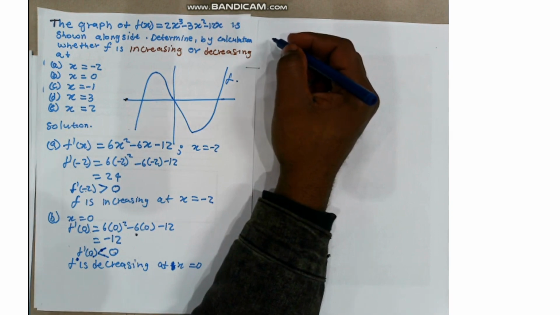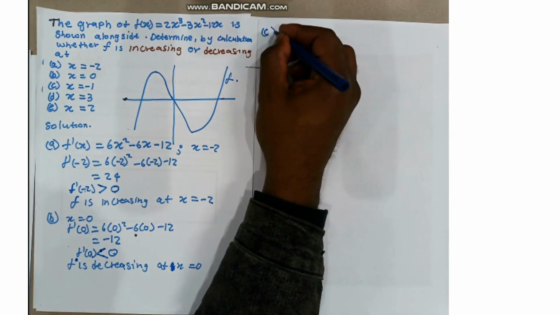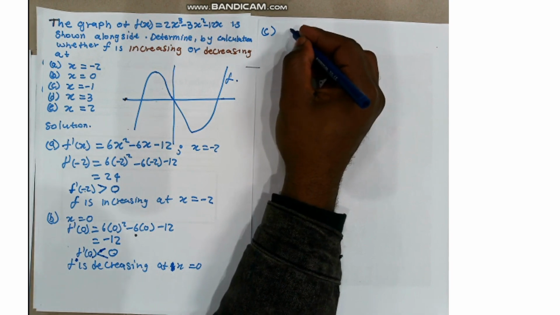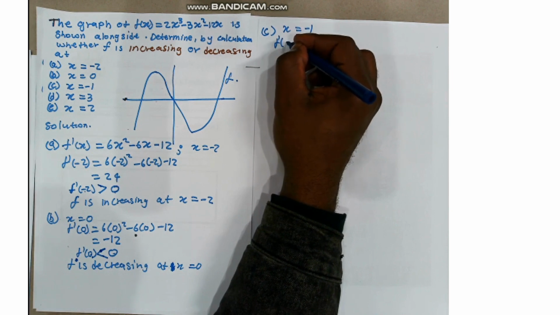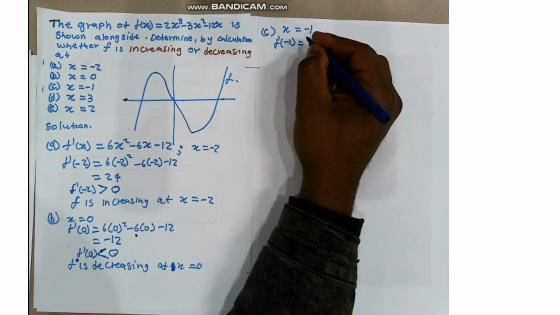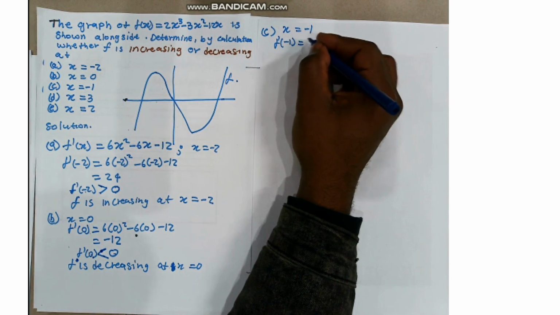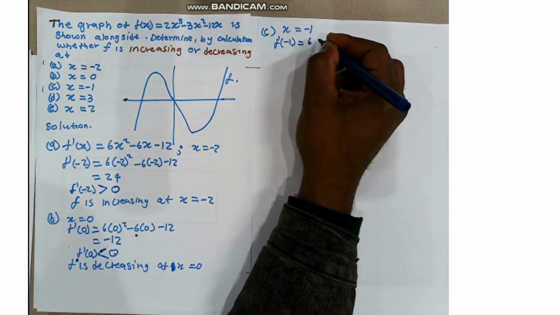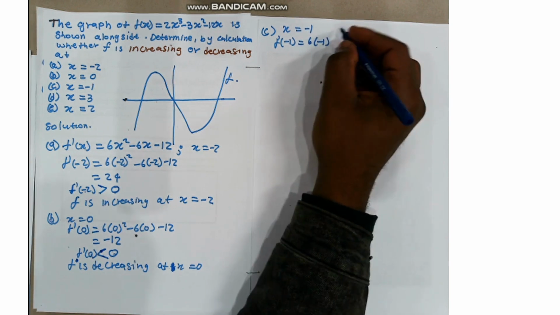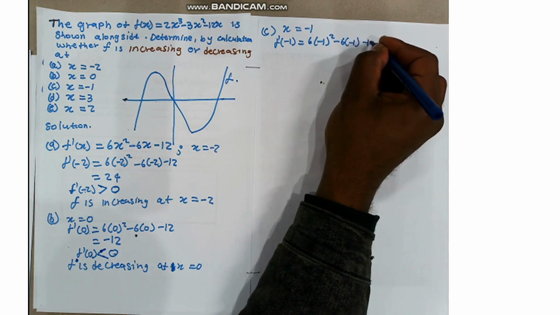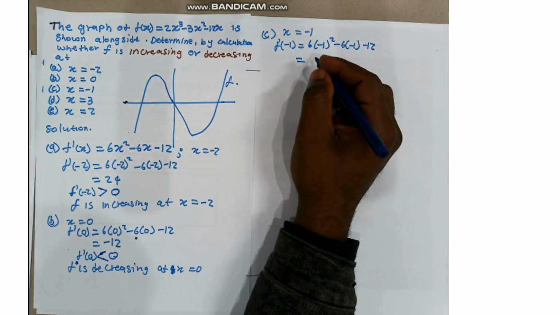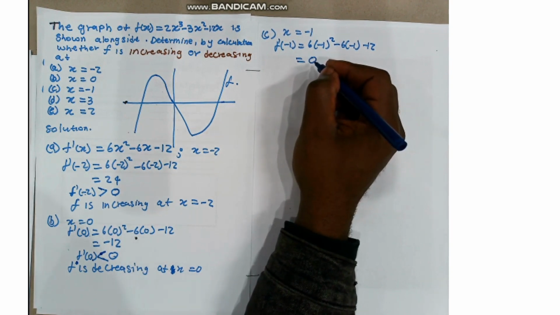Let's move on to another one, where x is -1. We substitute -1 in our f prime: 6 times negative 1 squared minus 6 times negative 1 minus 12. When you punch your calculator, you're going to get 0.